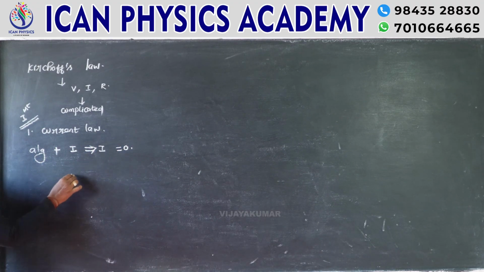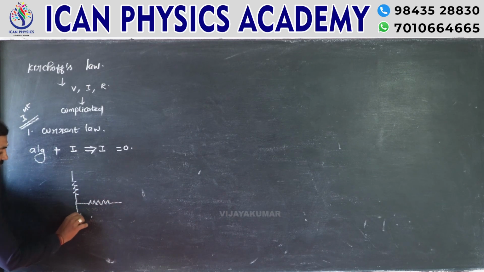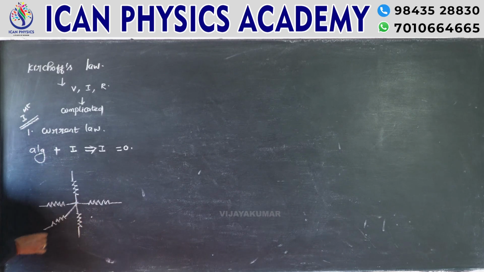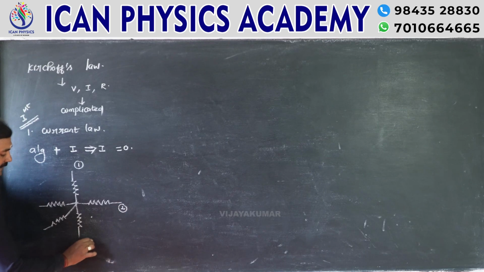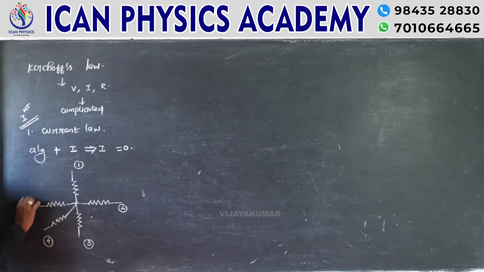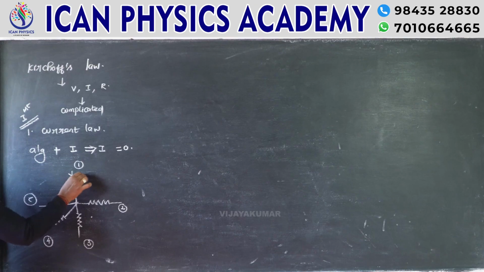Okay. Now I am going to consider a circuit which has different arms. Like that, it has 5 arms: arm 1, arm 2, arm 3, arm 4 and arm 5. In the arm 1, the current is moving towards the junction, I1.